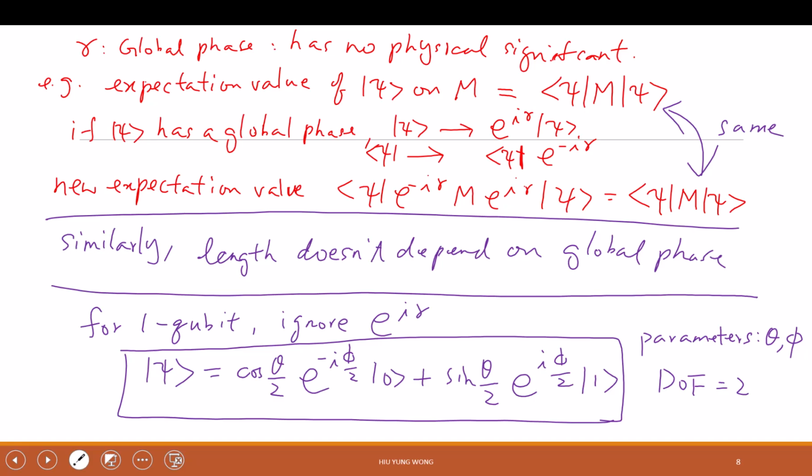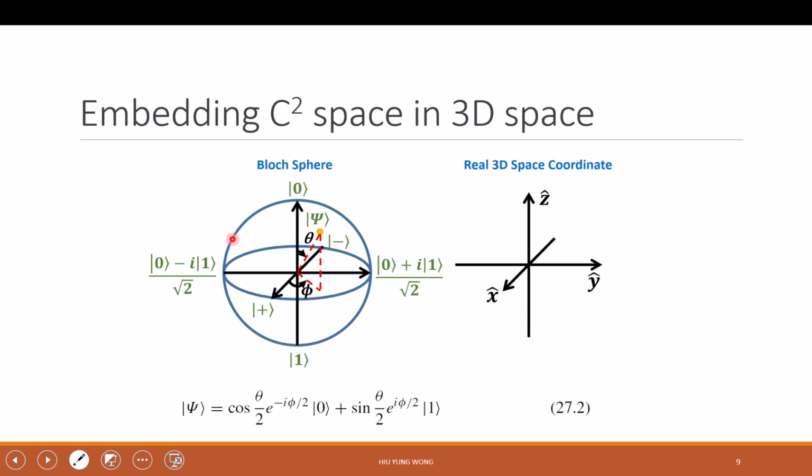However, I have 2 degrees of freedom, because theta and phi, once I fix them, I know which state it is. It turns out that this looks just like a spherical coordinate. Theta is just the angle from the North Pole to here, if this is the state. And phi is just the azimuthal angle along the equator.